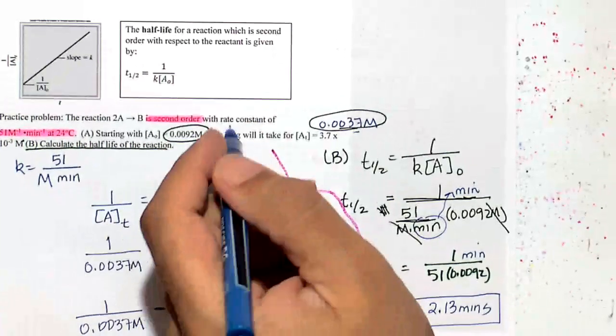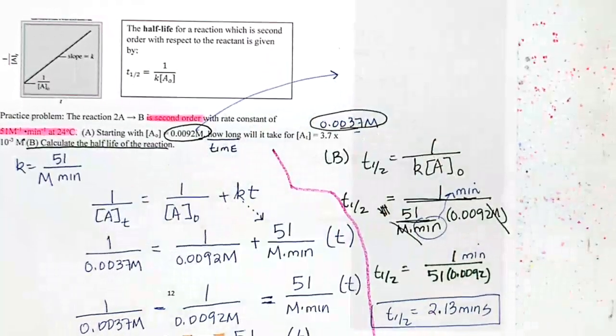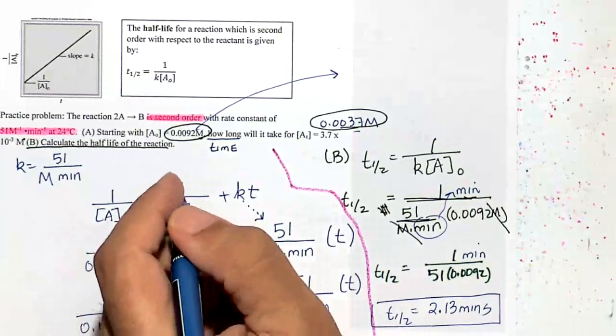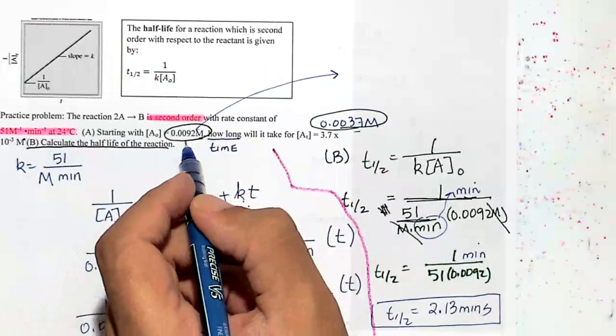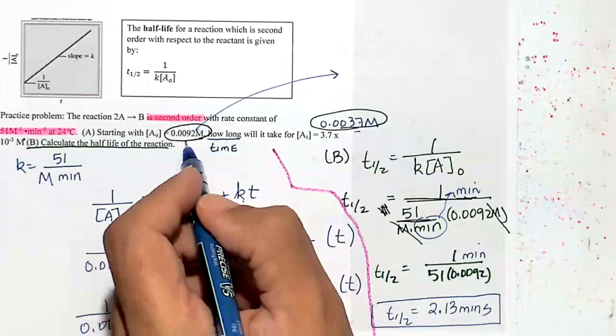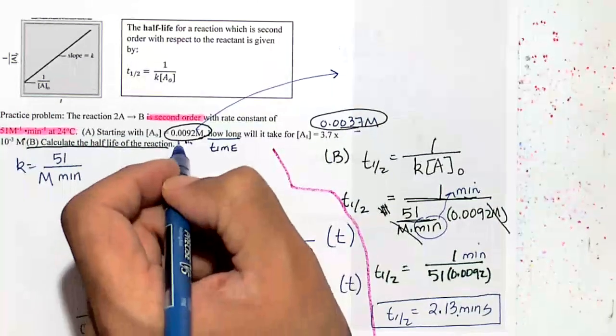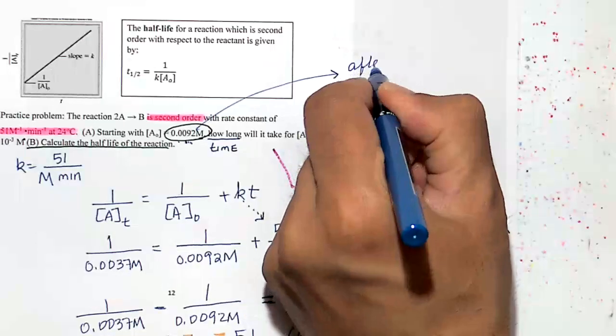So let me ask you guys this question. I'll ask this to you, Antoinette. After 2.13 minutes, what will the concentration of A be? It's the half-life. So after 2.13 minutes, what will be the concentration of A?